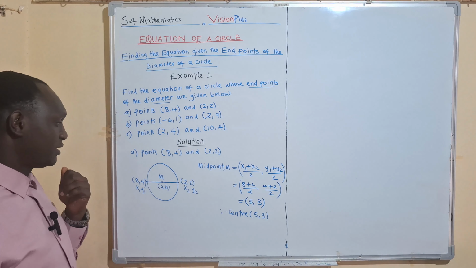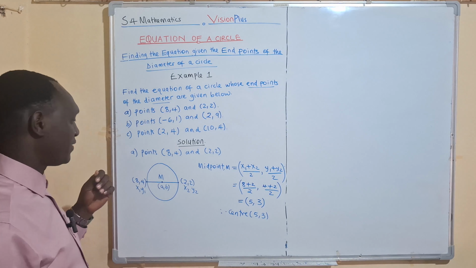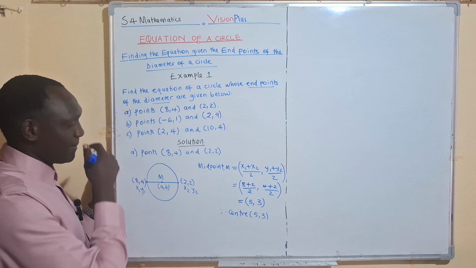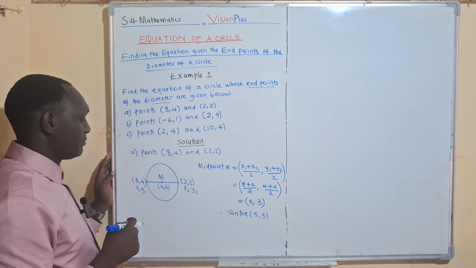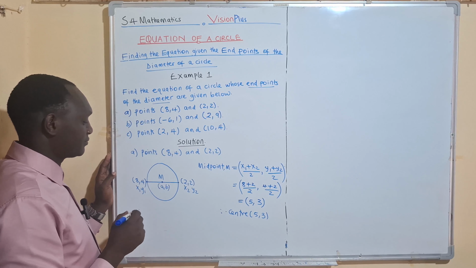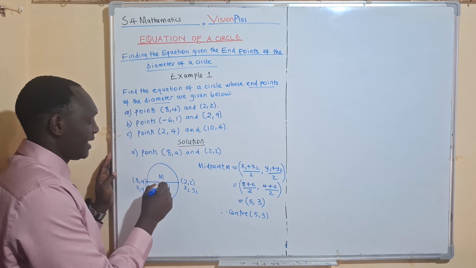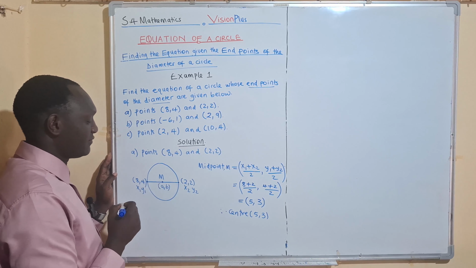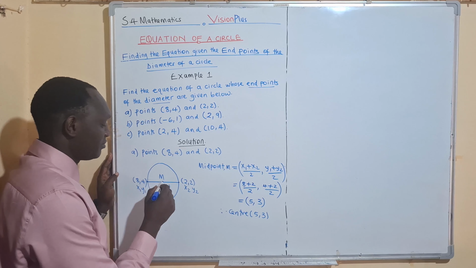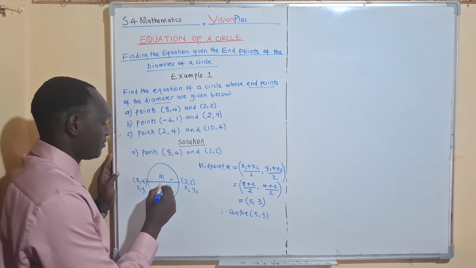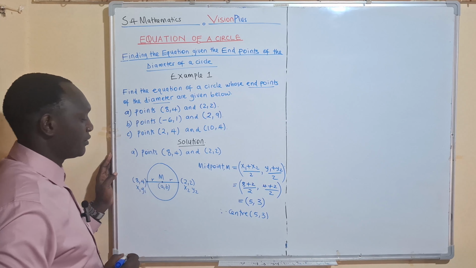So after getting the coordinates of the center, now we need to find the radius so that we can write the equation. Remember that the radius is the distance from the center to any point on the circumference. That means from here up to here is r, from here up to here is also r.